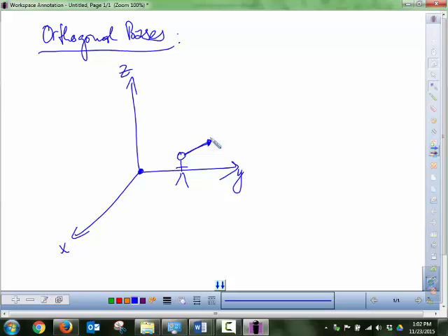Okay, so you're at some other point in the room, and let's say as you look up, you can kind of define a flat plane that you're looking at.